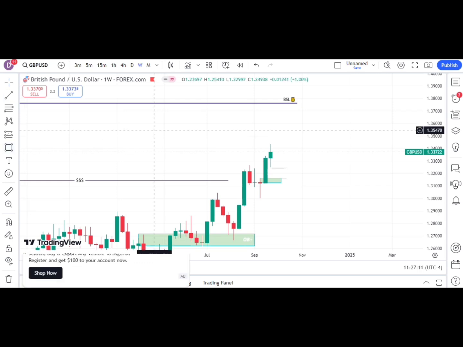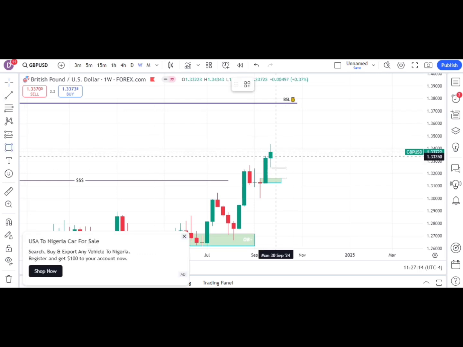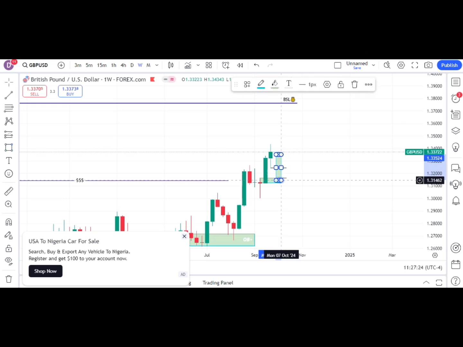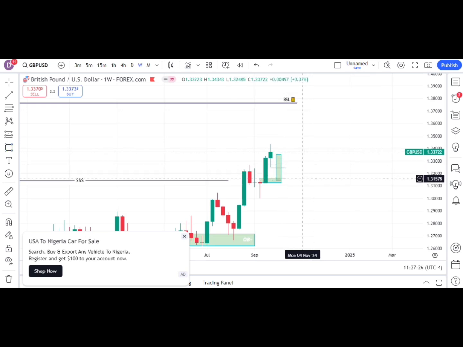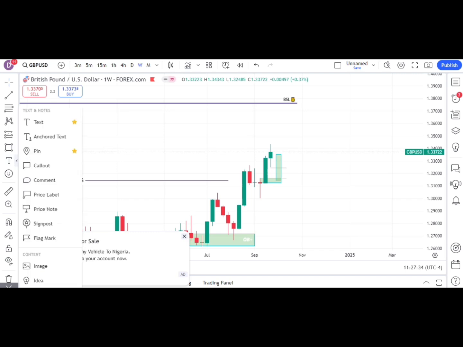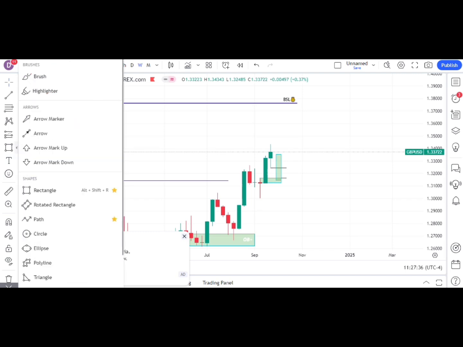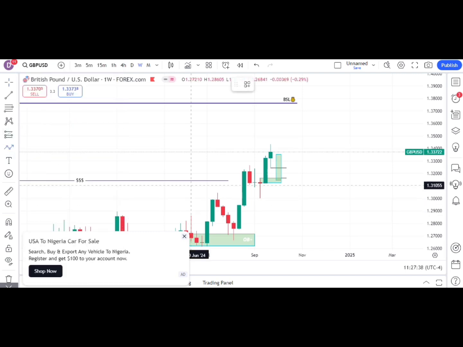So maybe we can see something like this. Price comes right here for this week, and then we start going higher. This is only just my opinion.